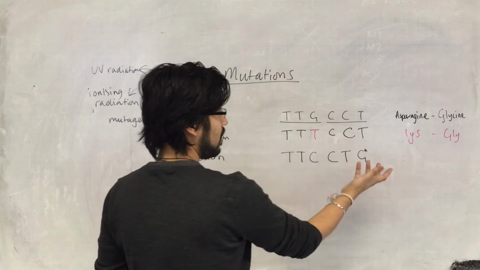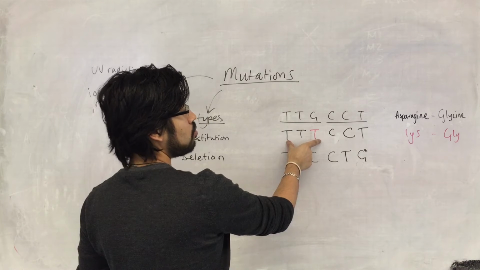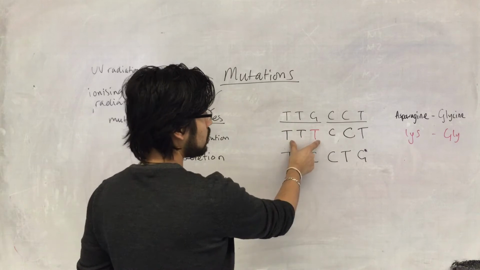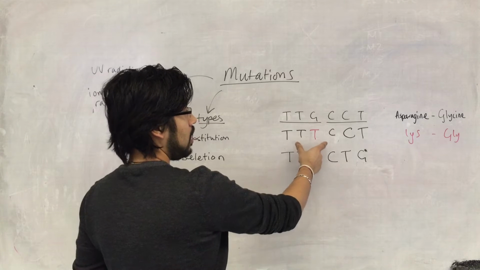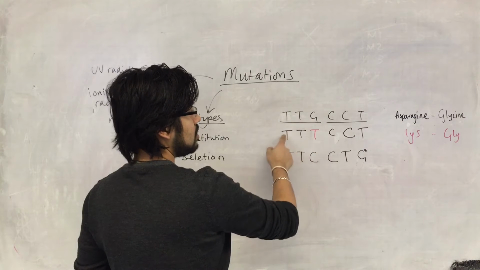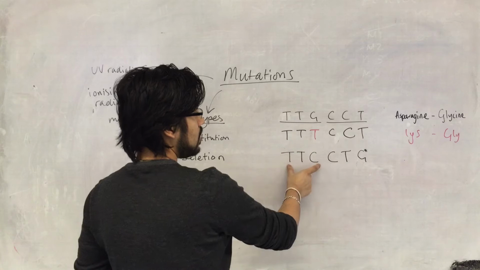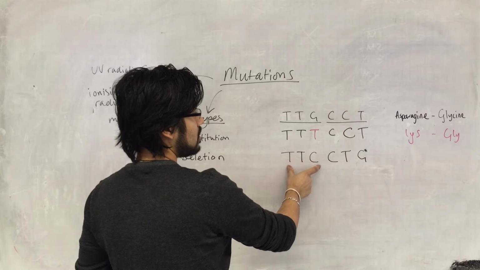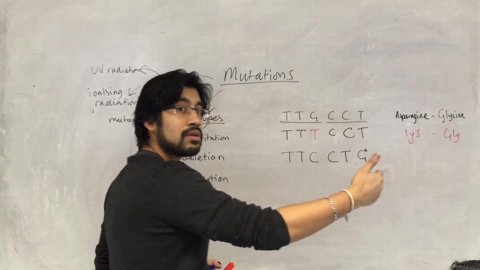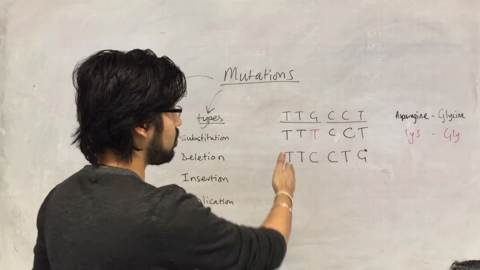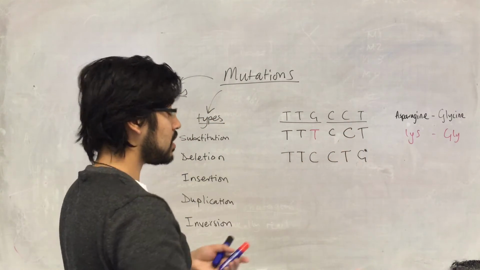With the substitution we only changed one codon, from TTG to TTT. But here, we've changed that codon and every single subsequent codon from this point. So that can result in a rather large change.